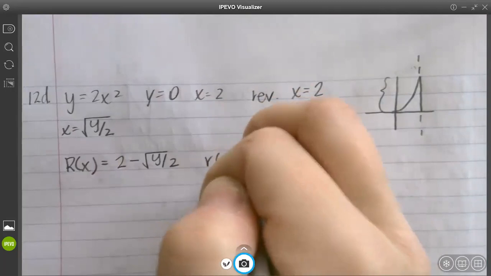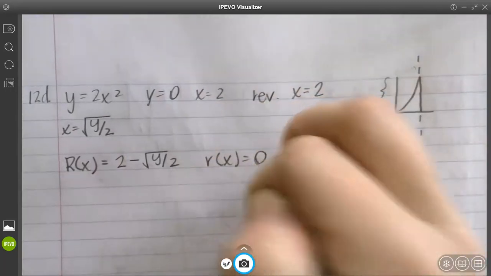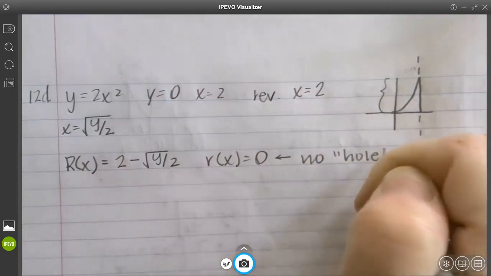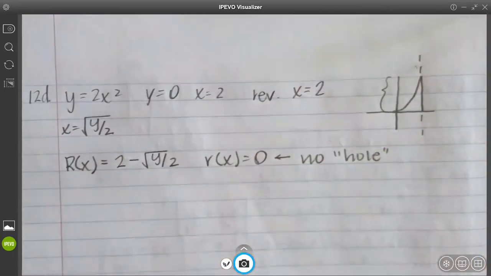Again, little r of x is 0. And why did I tell you it's 0? There's no hole, so there's no washer method.